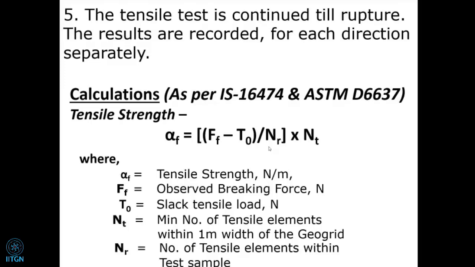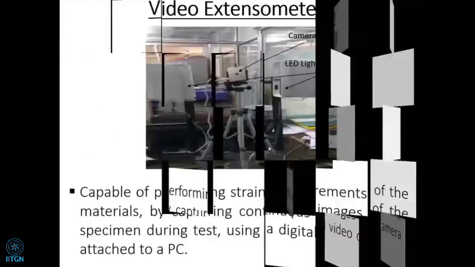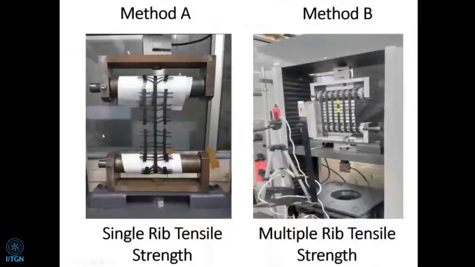But we have to keep in mind that in the single strip tensile strength method, the reporting value is always in Newton because we are not dividing by the number of strips, as there is only one strip. While in the case of multi-rib, suppose we have taken 7 ribs here, all 7 ribs are contributing in taking load.